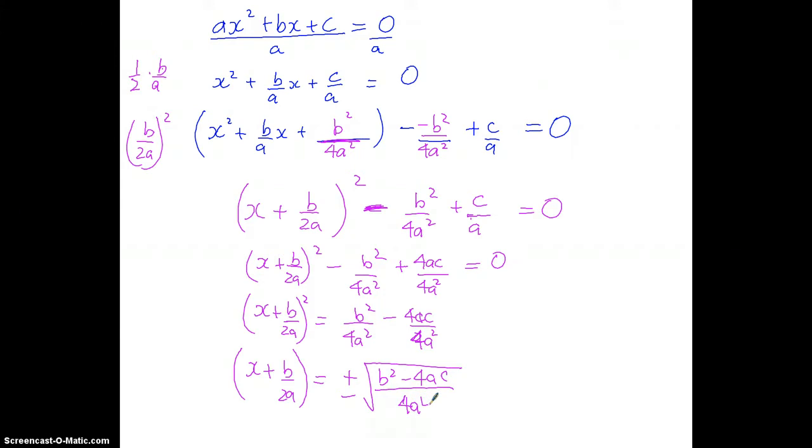Okay, I'm going to just go over to the next page and put that back up again. So we have, once again, x plus b over 2a was equal to plus or minus the square root of b squared minus 4ac over 4a squared.